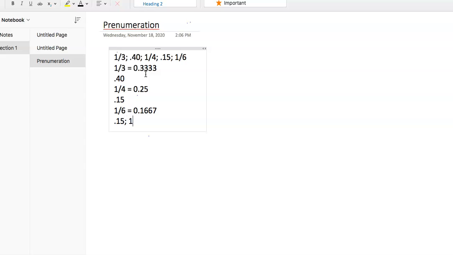Essentially we would see 0.15 being the lowest one. We would see 1/6, which is 0.1667, being second. We would see 0.25 third, 0.33 fourth, 0.40 last.